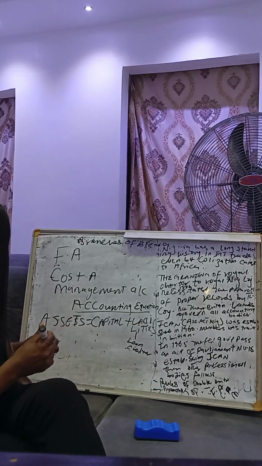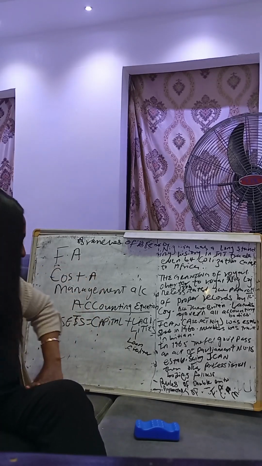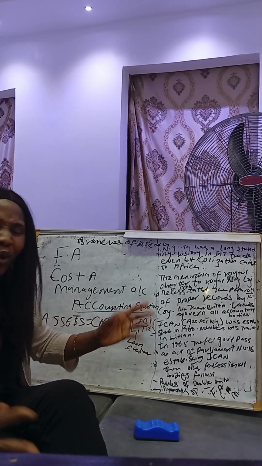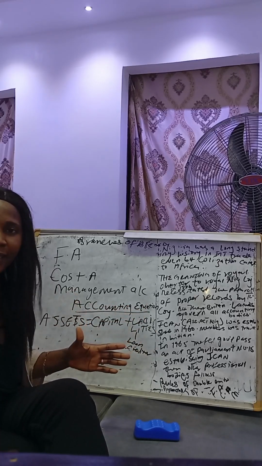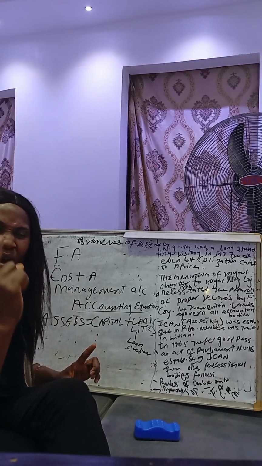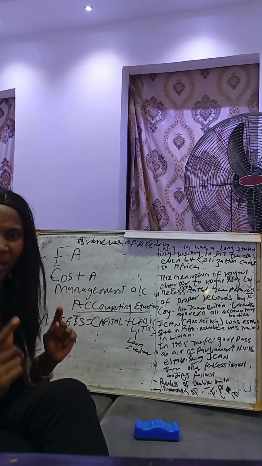Somebody asked me: if you say an asset has monetary value, how come a liability, what we owe to outsiders, is also part of an asset? Now listen, remember what I said in our previous time. An asset is anything with monetary value that an entity or an individual can control.